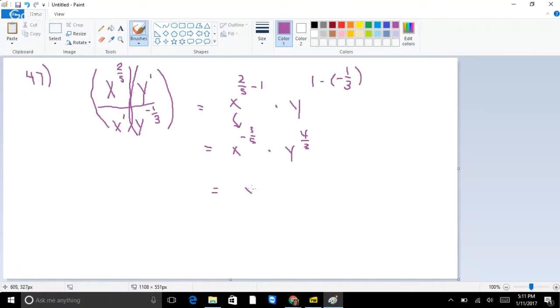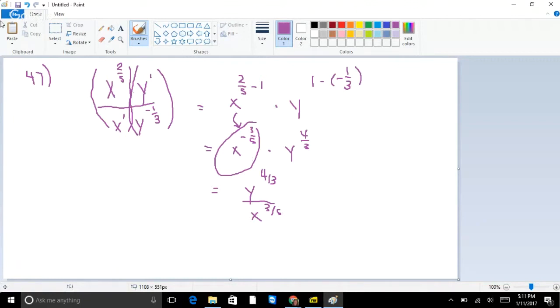So we're going to have y to the 4/3 power divided by x to the 3/5 power. And we did that because it was x to the negative 3/5 power. And by our properties, we're allowed to move a negative exponent from the numerator to the denominator.